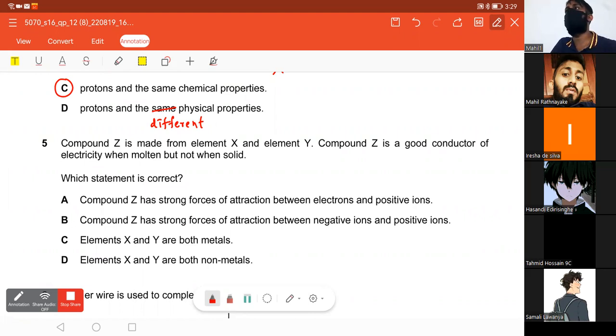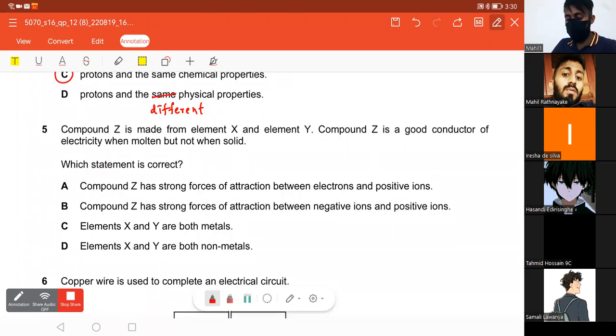Therefore X and Y should be metal and non-metal. Why are ionic compounds metal and non-metal? Is it strong forces of attraction? Ionic compounds have strong attraction between negative ion and positive ion. Answer is B.